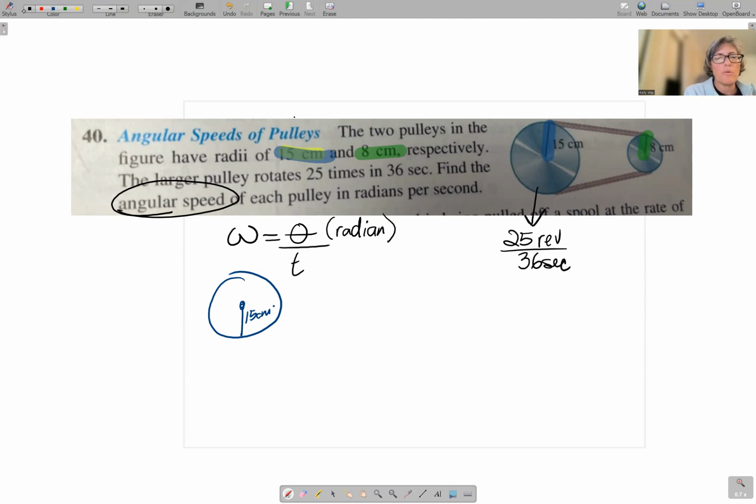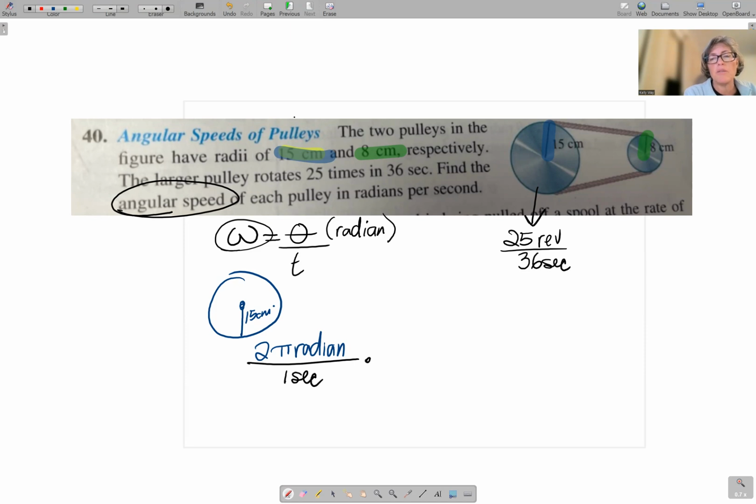And we know that our angular speed is the radians over time. And in this case, the radians is, of course, 2 pi radians. That's what we're trying to figure out. Radians over our time is 1 second.